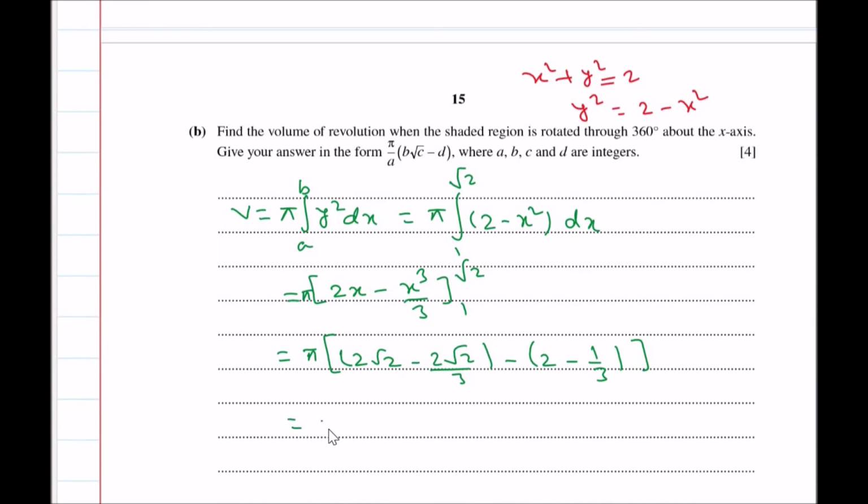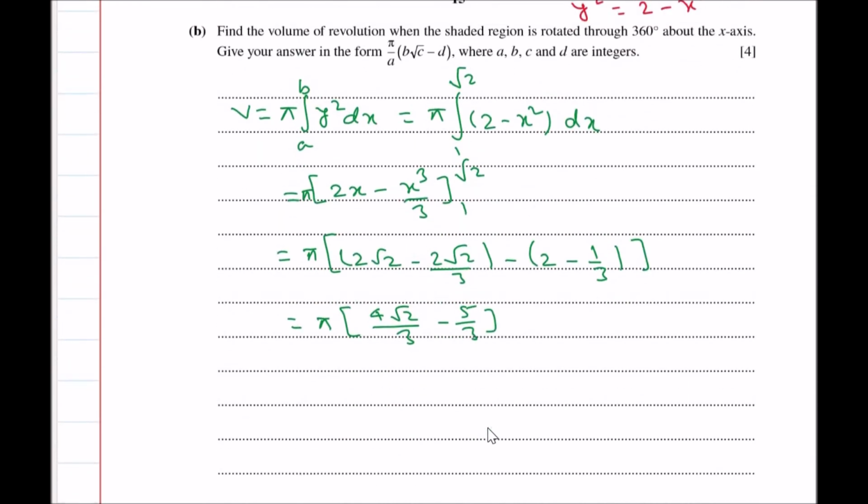If you simplify this, we get 4√2/3 − 5/3. Now we can write π/3, taking out, into (4√2 − 5) unit cube. Okay, so this is the volume.